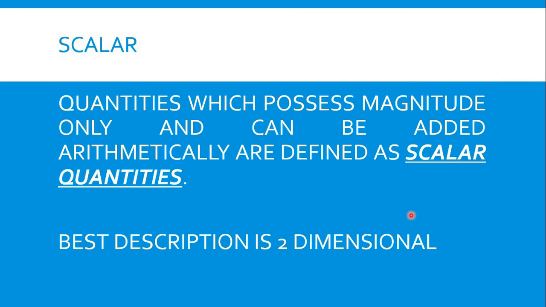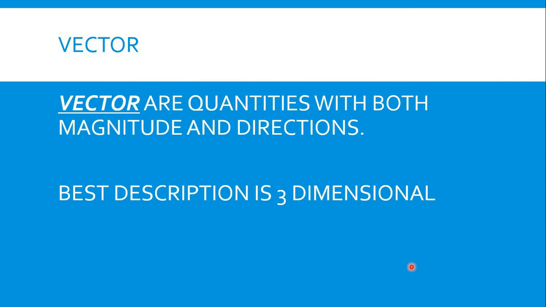So let's define scalar. Scalar quantities are quantities which possess magnitude only and can be added arithmetically. So, scalar contains only the magnitude, and the best description for scalar is two-dimensional or 2D. Next is the vector.